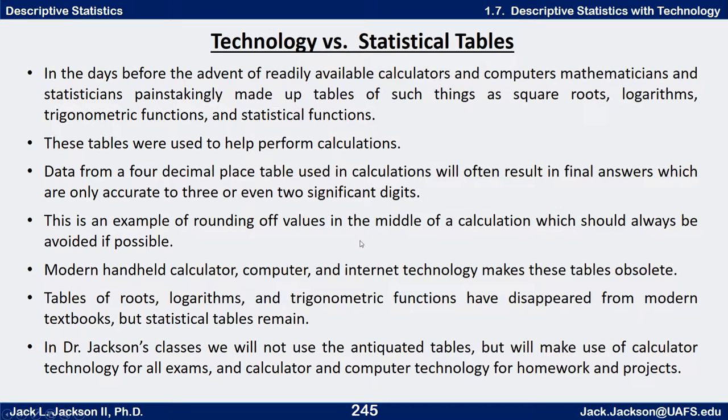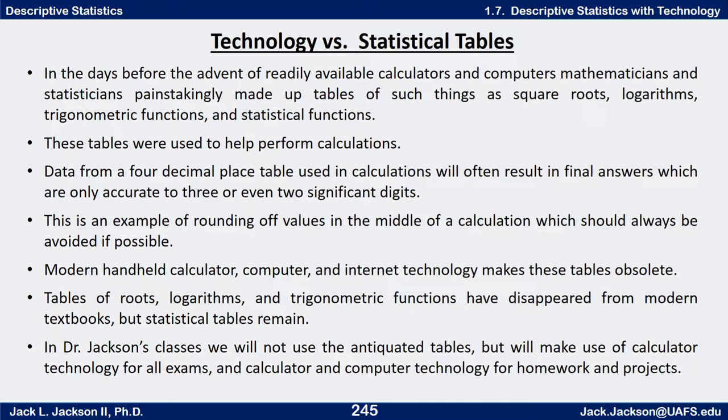I want to talk briefly about technology versus statistical tables. In the days before the advent of readily available calculators and computers, mathematicians and statisticians painstakingly made up tables of such things as square roots, logarithms, trigonometric functions, and statistical functions. And they had to do all these computations by hand to come up with the numbers in these tables.